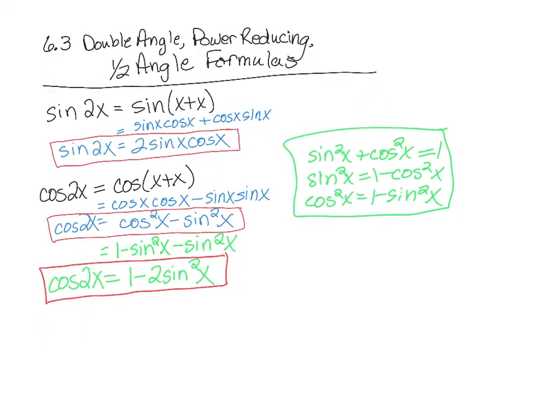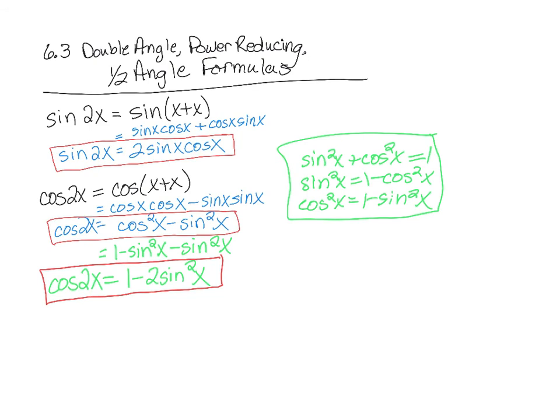So there's one more form that we have to remember, all right? I'm going back to blue here. From this equation right here, I'm going to replace the sine squared with 1 minus cosine squared. So I get, from the blue above, cosine squared minus parentheses 1 minus cosine squared.